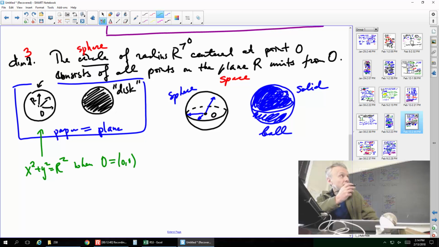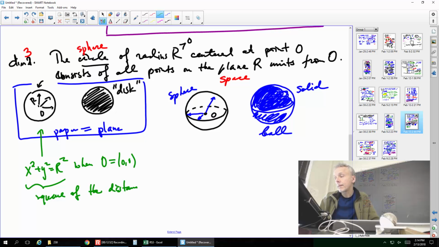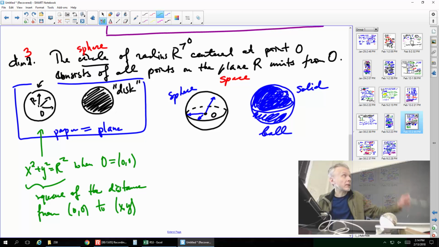So what is the distance from point 0, 0 to point xy? Well, that's what it is. So this is the square of the distance from 0, 0 to xy. Okay, so now we are in a very similar position because the definition of the sphere and the circle is virtually identical.